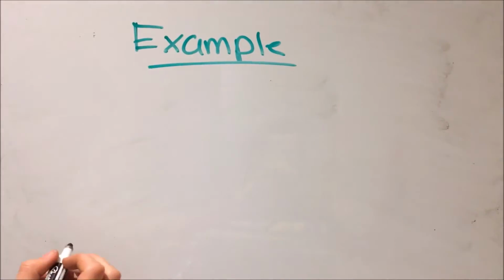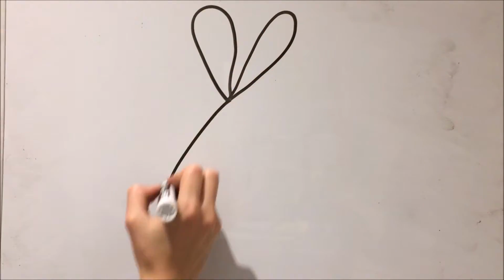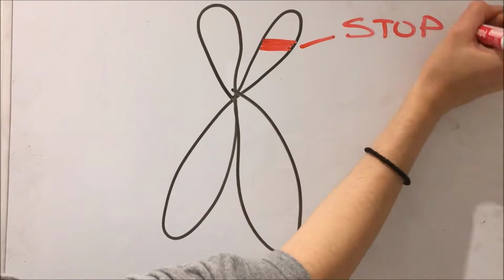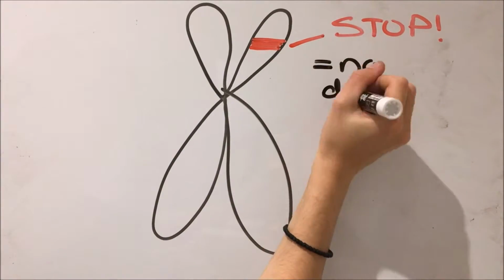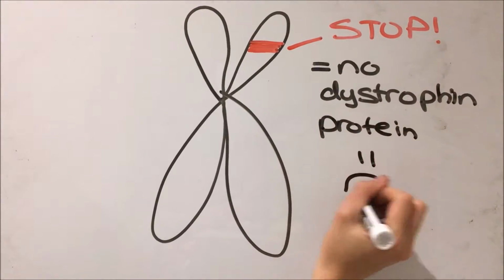An example of a nonsense mutation in humans can be seen in Duchenne's muscular dystrophy. DMD is a neuromuscular disorder that is caused by a nonsense mutation on the X chromosome. The nonsense mutation has damaged the gene responsible for producing the protein dystrophin, which is important in stabilizing the dystroglycan complex in the cell membranes of muscle cells.